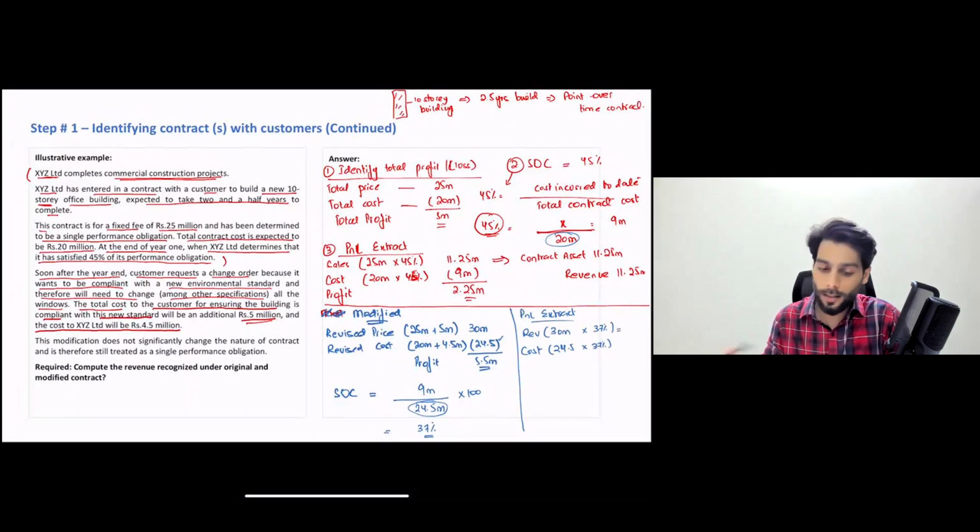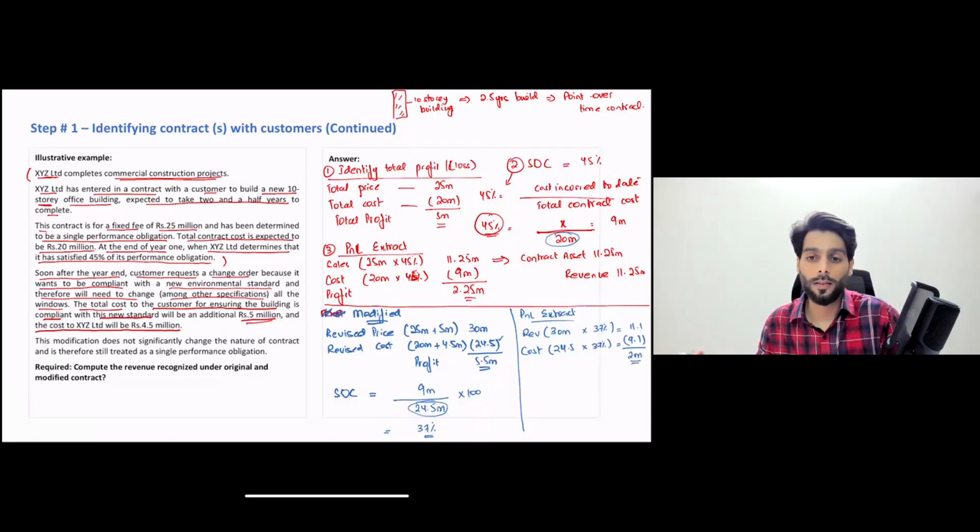So what is the revised revenue value? 30 million into 37%, this is 11.1. And the contract cost would be 24.5 into 37%, it would be 9.1, which means that a profit of 2 million worth should be recognized in P&L.